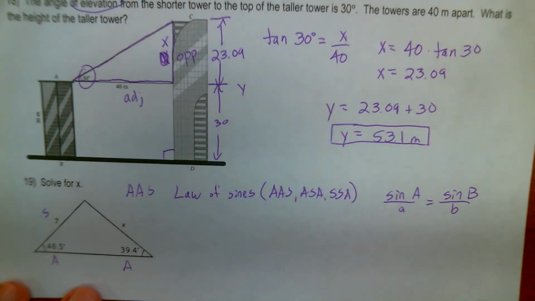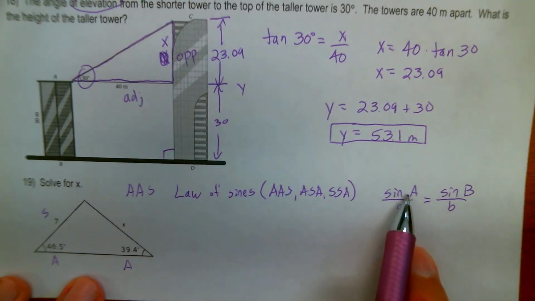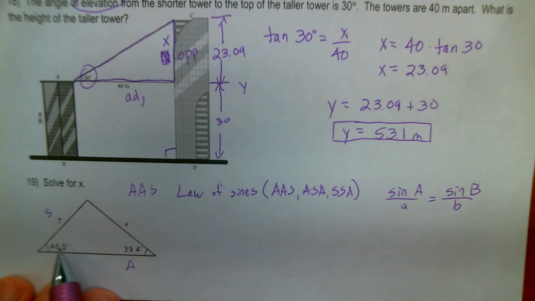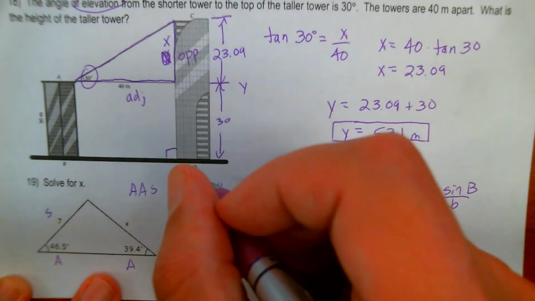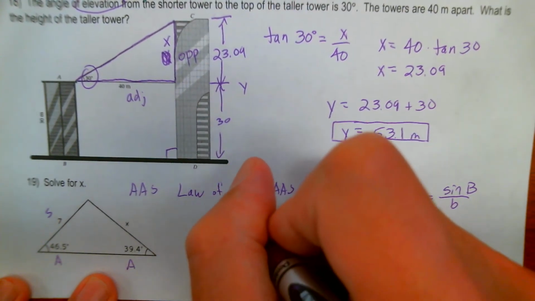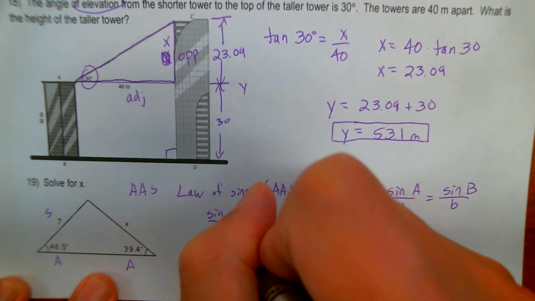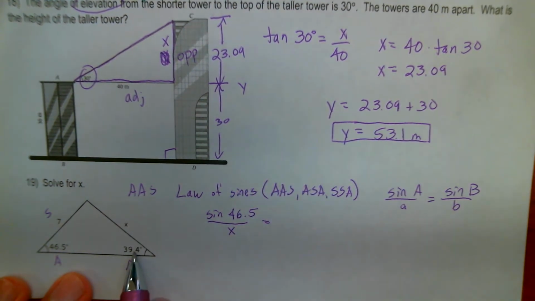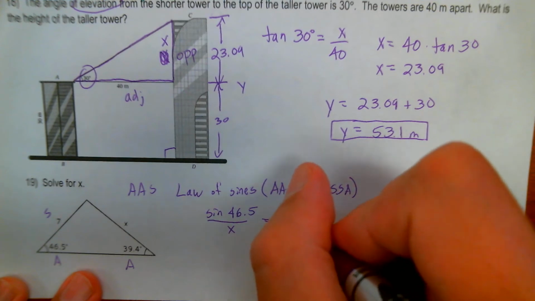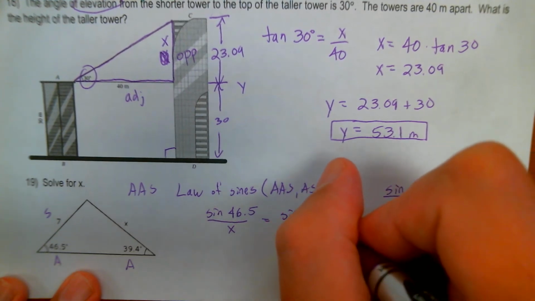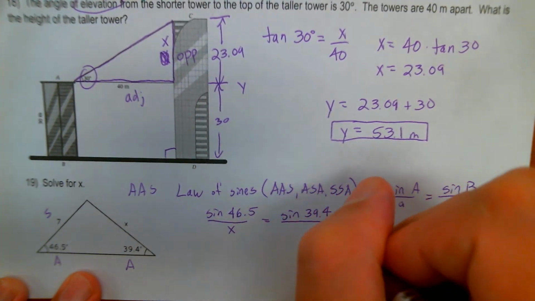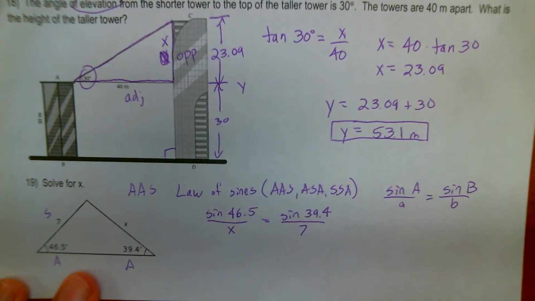All right, so I can set up my proportion to say sine of this angle divided by the side across from it, sine of 46.5 divided by x, is equal to the sine of this angle divided by the side across from it, sine of 39.4 degrees divided by its opposite side, which is 7.